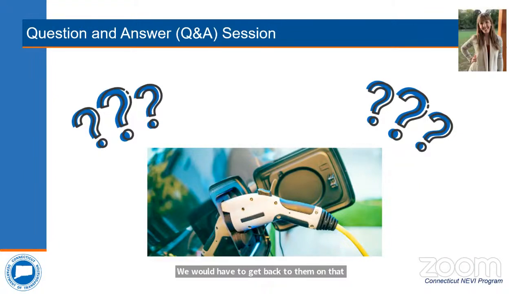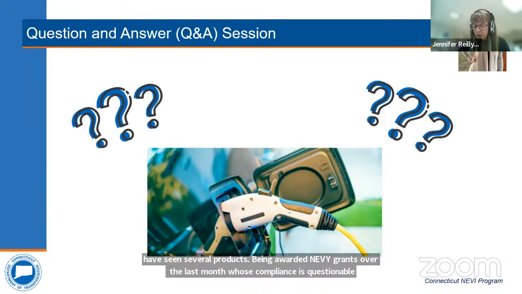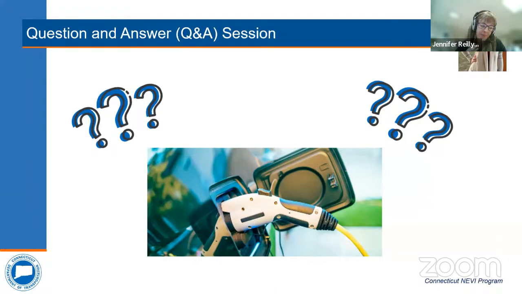Okay, next question. How will Connecticut ensure that products are, in fact, Buy American compliant during this process? We have seen several products being awarded NEVI grants over the last month whose compliance is questionable. Yeah, thanks for that question. We already have at Connecticut DOT a process set up for ensuring Buy American.